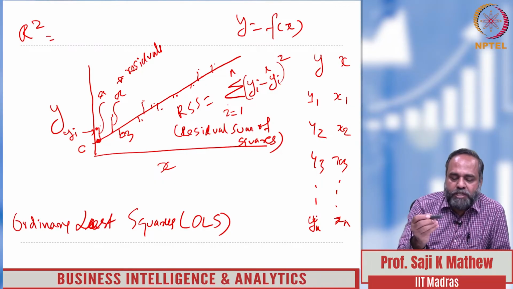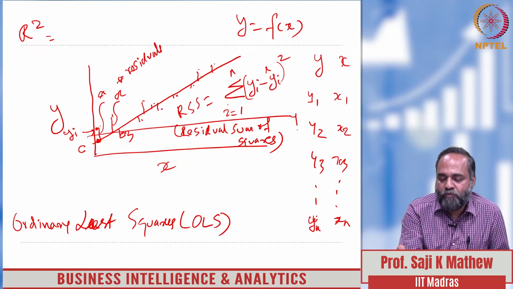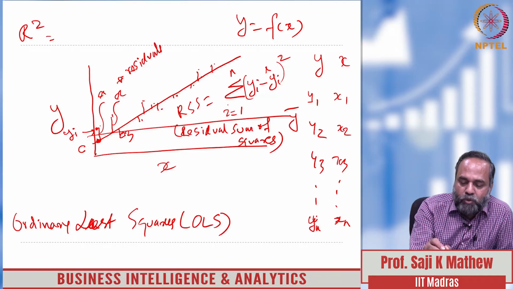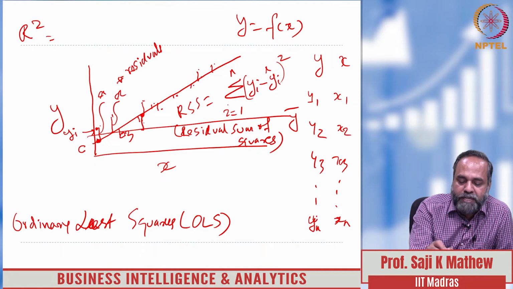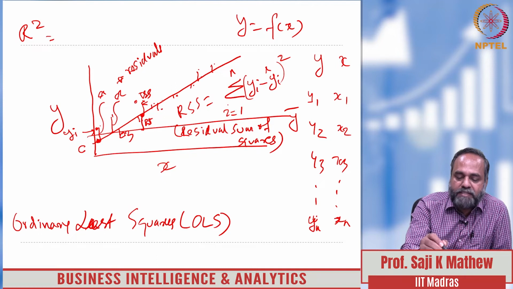And you know that for calculating R square you need to actually have an average line, y bar, and it is with respect to the average y that you calculate the regression sum of squares and total sum of squares, and then the difference is the error.